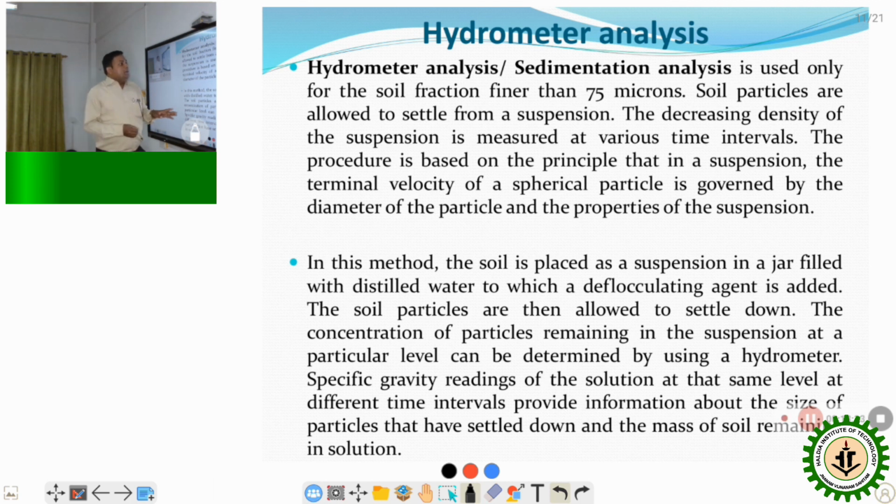Here we have to prepare a soil suspension by taking 50 gram of soil.